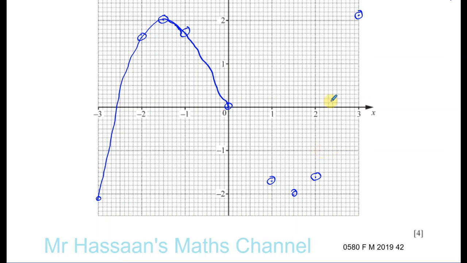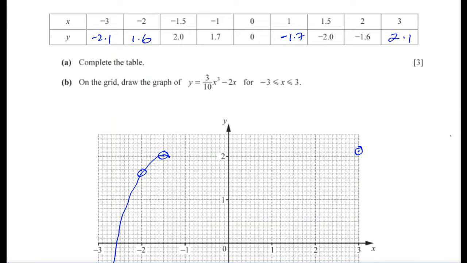Now, this part of it even still, I just want to tidy it up a bit so that it looks a bit better. From here I'll tidy it up. It's a bit too thick there. What was it? Minus 1 and 1.7. And we had 0, 0 origin.